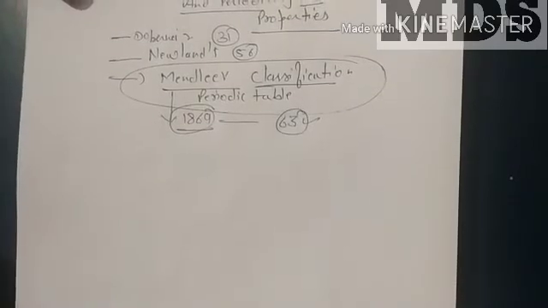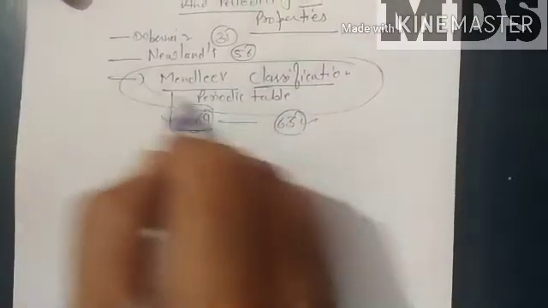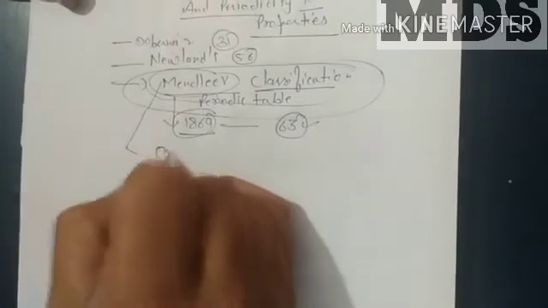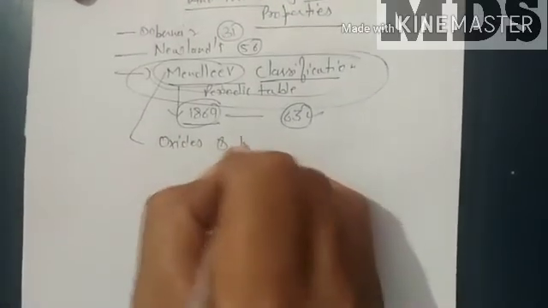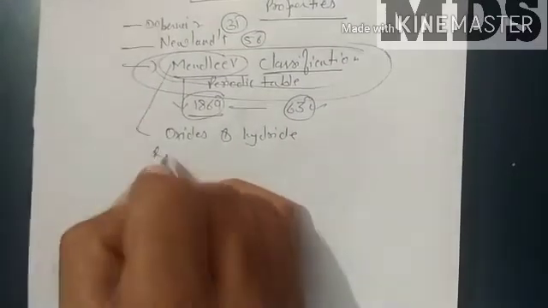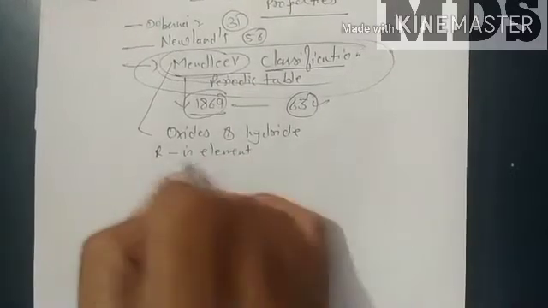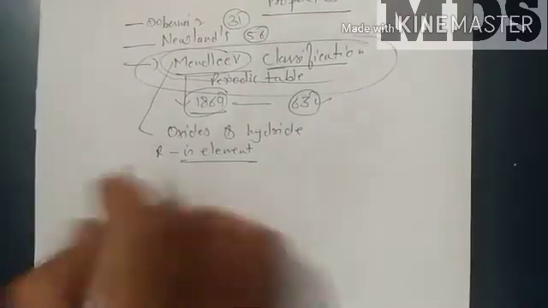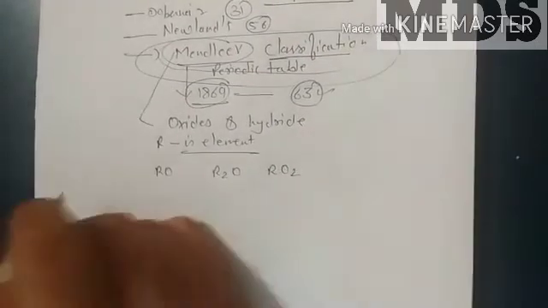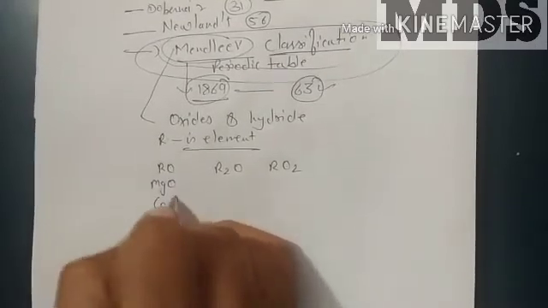How did he find that classification? First thing he did, Mendeleev started studying oxides and hydrides. Meaning to say what kind? Look, if R is any element in the periodic table, what kind of oxides does it form? Either of the form RO, R2O, RO2. Like you know that second group elements, magnesium, calcium, form this kind of oxide.